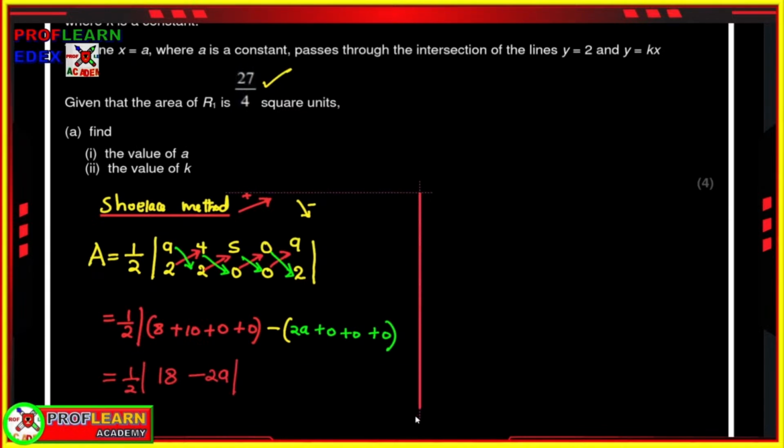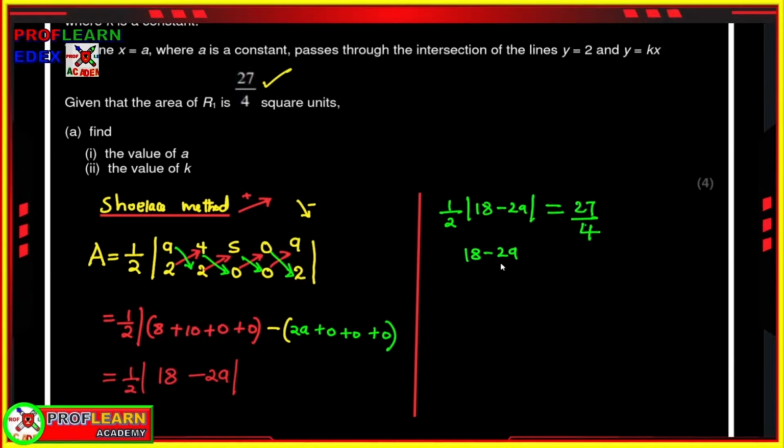So we are going to end up having 18 minus 2a. This is equal to the area that we were provided, times 2 both sides. And then we multiply again by 2 both sides so that I have 36 minus 4a equals 27. Solving for a, our answer is going to translate to what?